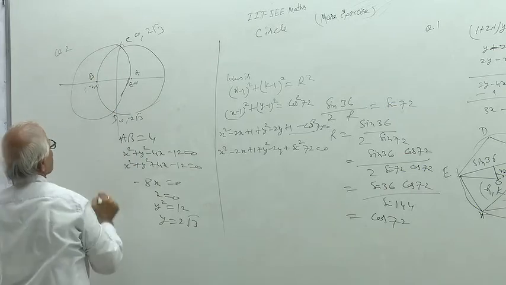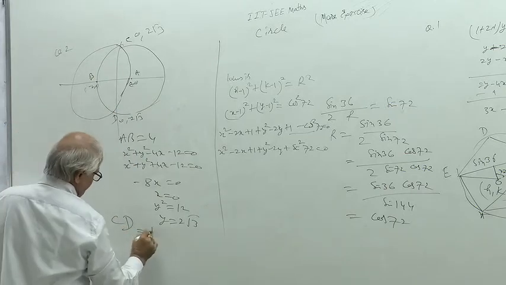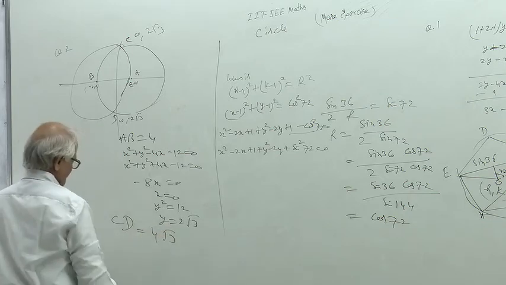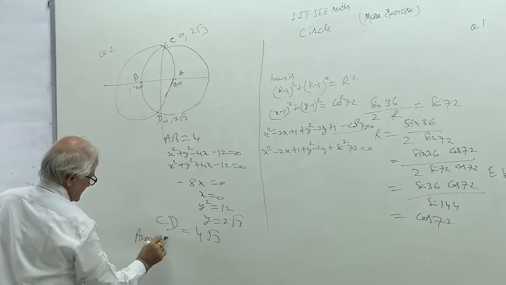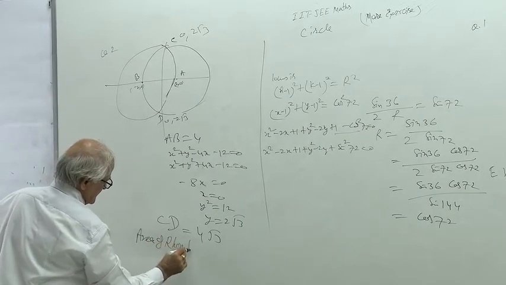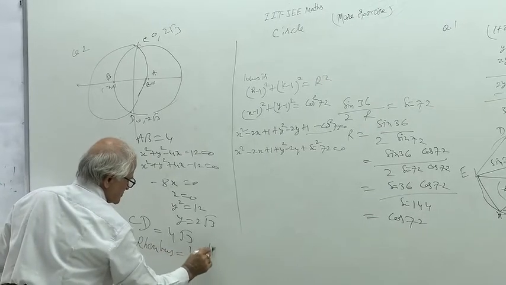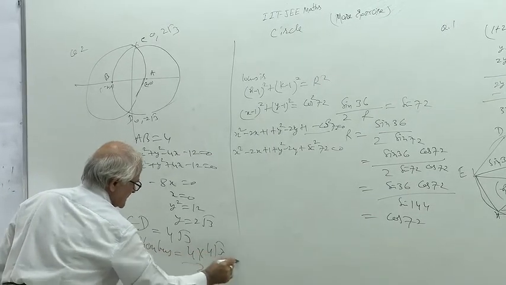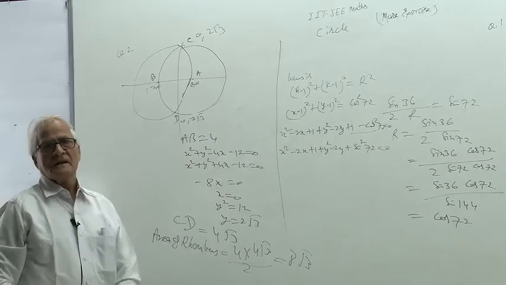The length CD, what is the length? This is 4 root 3. Now what is the area of the rhombus? That is 4 into 4 root 3 by 2, which means 8 root 3. This is the answer to question number 2.